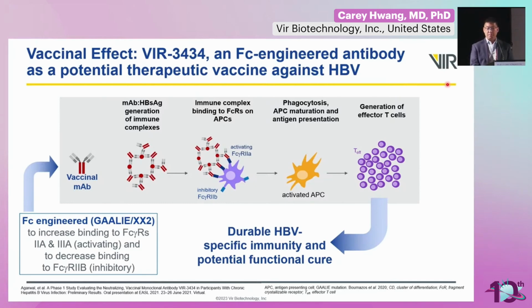They preferentially bind these activating Fc gamma receptors on dendritic cells. These activate the antigen-presenting cells and then result in the generation of effector T cells. The hypothesis is that this would then result in durable HBV-specific immunity as well as potential functional cure.